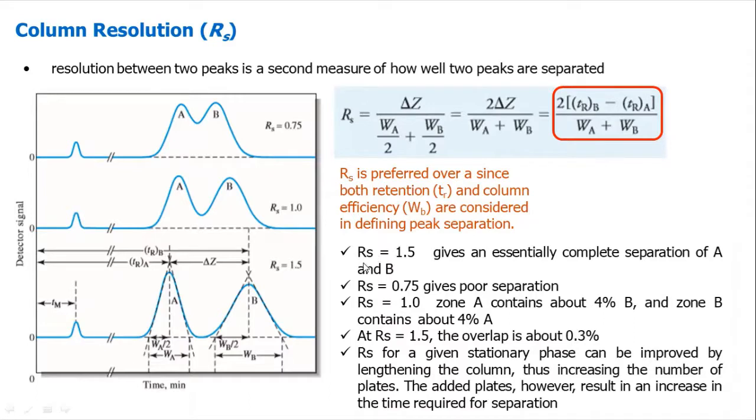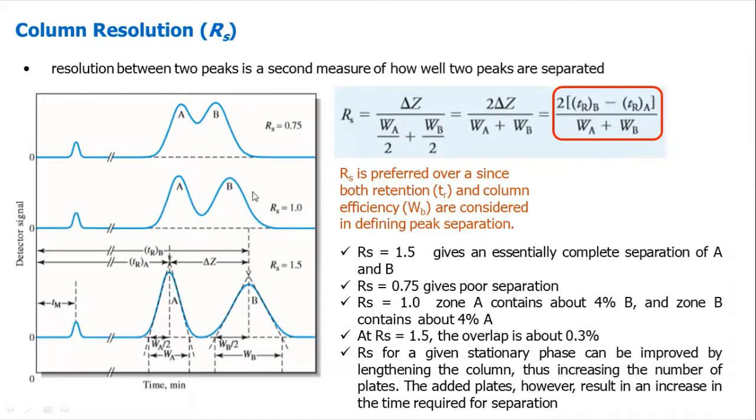So when Rs is equal to 1.5, it gives an essentially complete separation of A and B. But when Rs is equal to 0.75, it gives poor separation. So band broadening causes overlap.